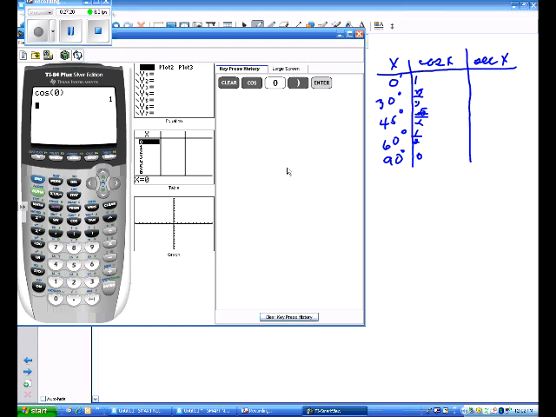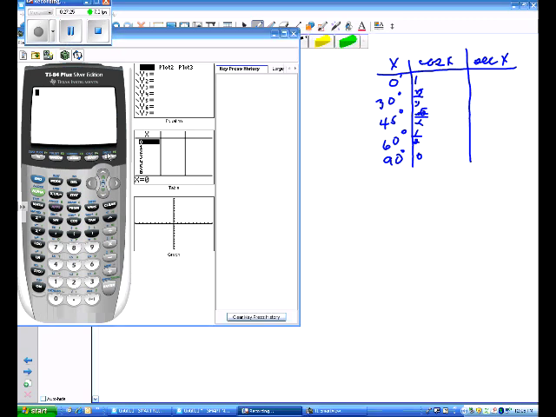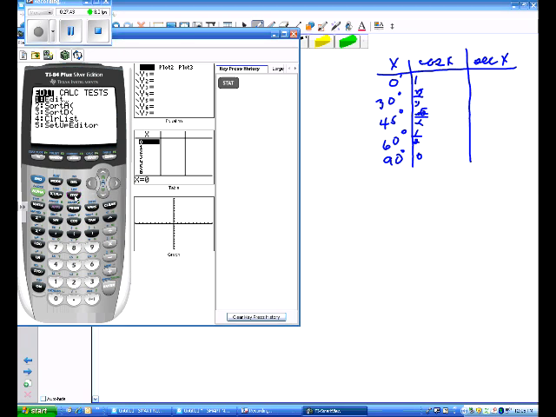Now, we could go through and enter each one on the calculator, but let's look at how we could set up a table and have it do all of this at one time. We haven't spent a lot of time doing that. But let's go to a table and we're going to do stat, and we're going to do number 1, edit.